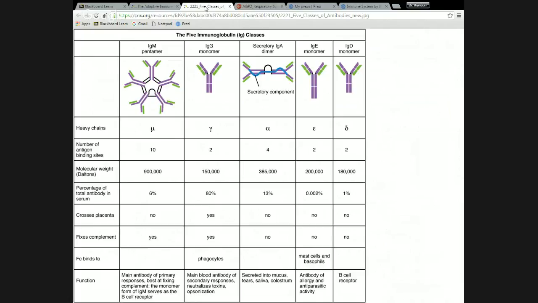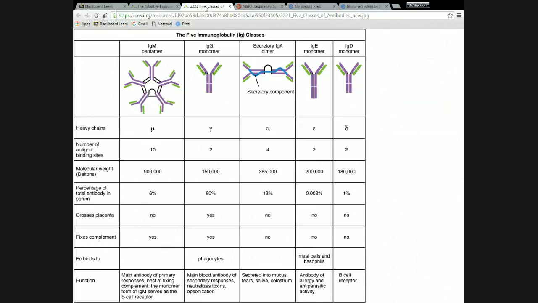Because what makes these different is how they interact with each other, which is taking place where the heavy chains have their constant regions. Now, instead of just going across the table as it's laid out here, I'd rather go in an order that has to do with how prevalent the antibody is in your system, which is basically this column that says percentage of total antibody in serum.